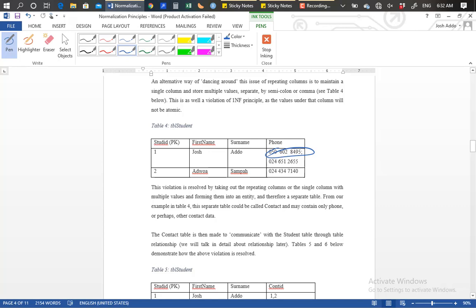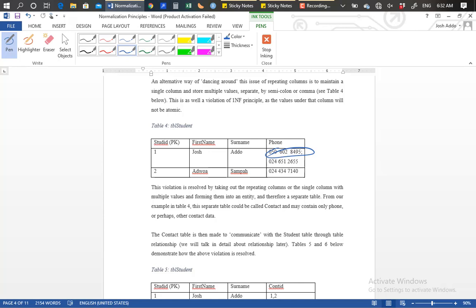In addition to that violation, you also have that broader principle of a table storing data on one subject matter. This is also violated because this table is storing information on the students plus information on contacts, which is logically two pieces of subject matter.